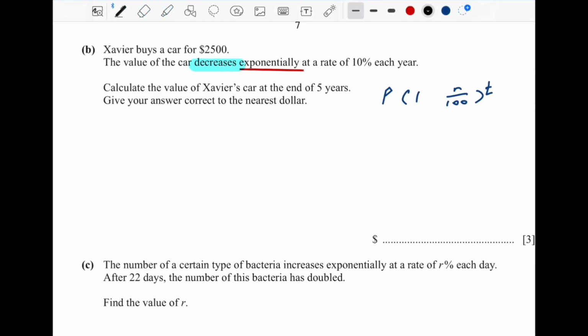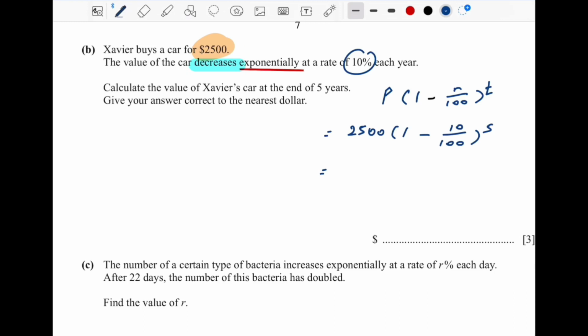If it's increasing, then we keep it as a positive sign. So you use the same formula. The original starting value is the P. So we have 2005 as P, interest rate 10%, power 5. Just apply the compound interest formula.